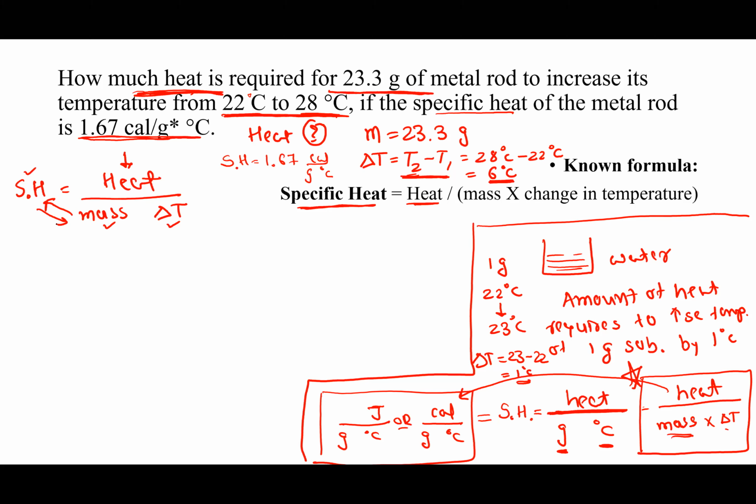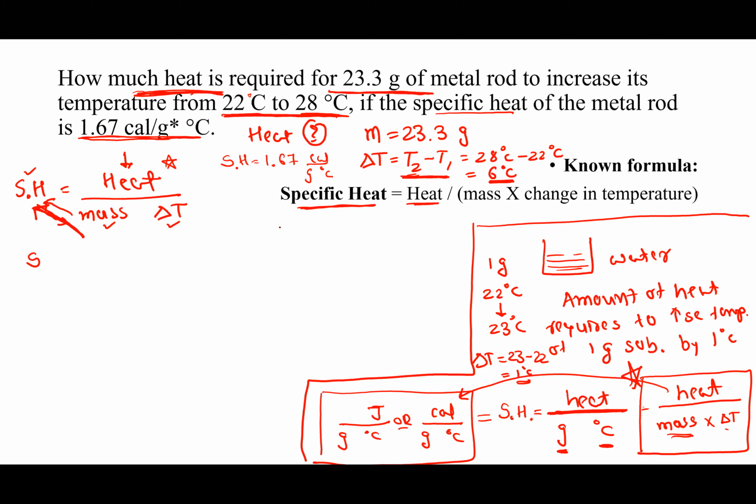In this case, because we want to find heat, the best thing to do is move this denominator onto the numerator on the opposite side of the equation. Do you follow me? Cross multiplication. Yes, cross multiply, I mean you're just moving the mass.